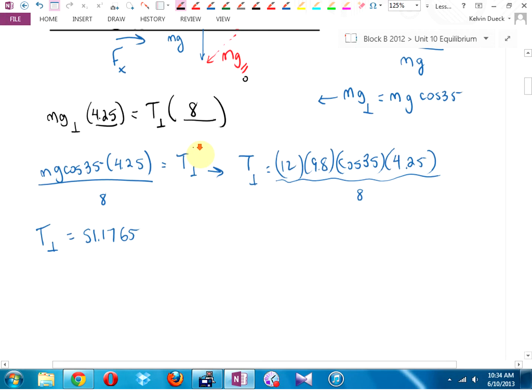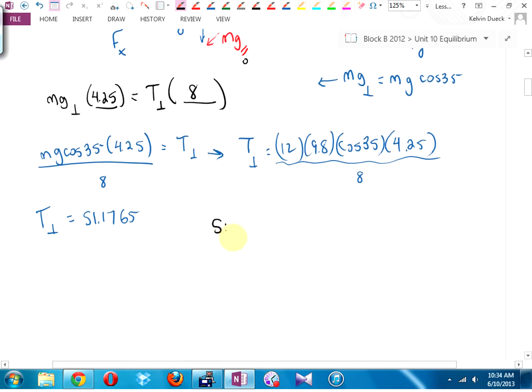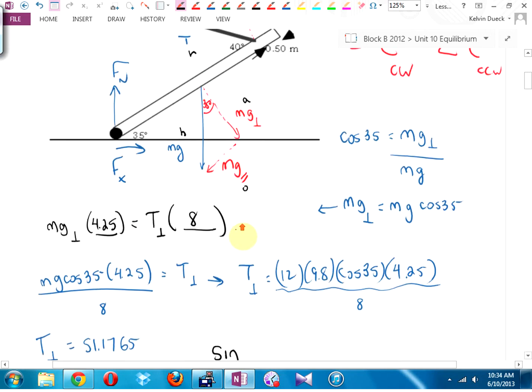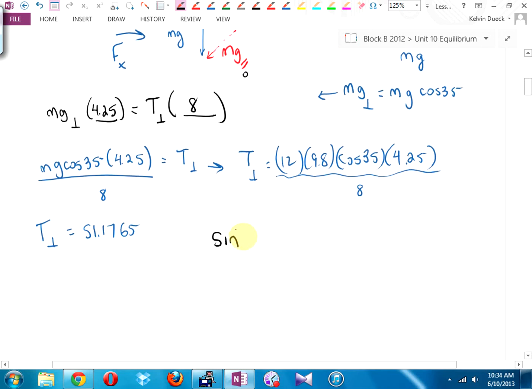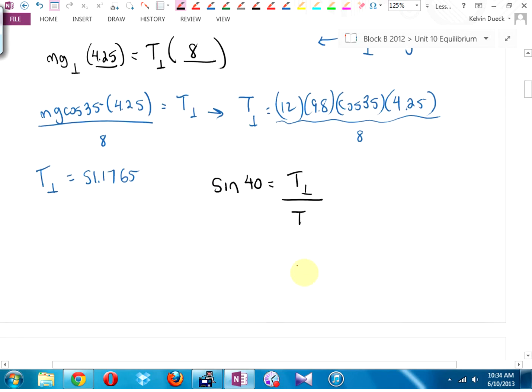Sine of 40 equals perpendicular over tension. I guess that means that tension equals perpendicular divided by sine 40, 51.1765 divided by sine 40.